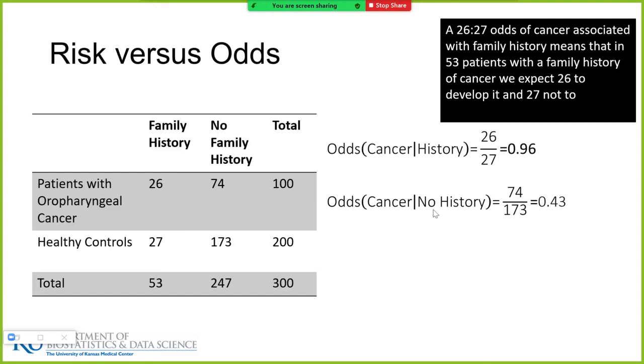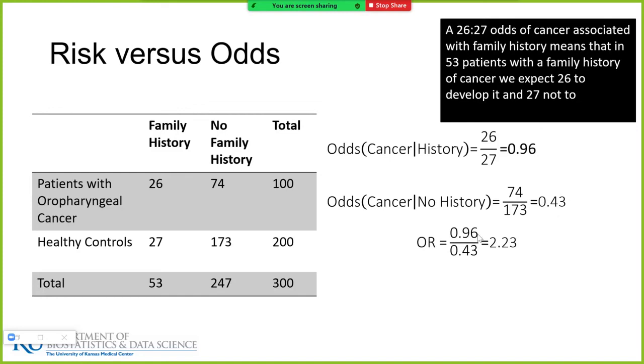And for individuals with no family history of cancer, we would expect, out of 247, 74 to develop it and 173 not to. So when we compare the odds, it gives us an idea of how much larger the odds of cancer are in these two groups.